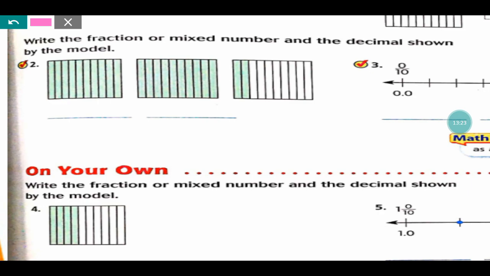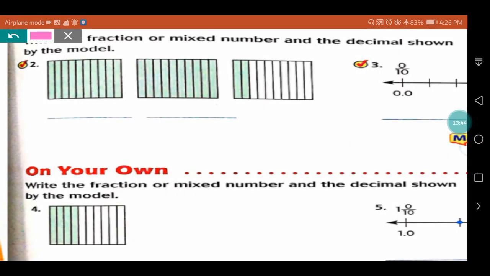We have here a model. In the first model, all of it is shaded, like this, so we write 1. The second model is also shaded, so also 1, and here 2 tenths, okay. 1 plus 1 equals what? Equals 2, okay. Over here 2 in all, then we put a point, then 2 tenths, 2 shaded parts out of 10 equal parts, then right here 2.2. Understood? Okay.